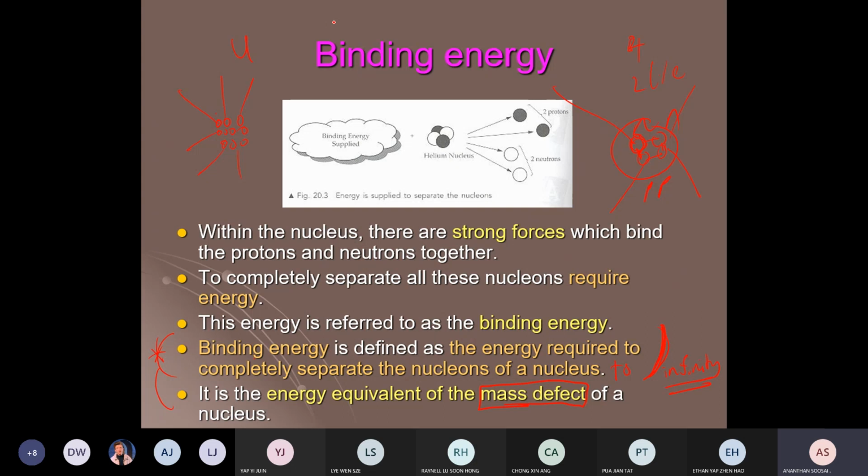You have more binding energy for uranium because of the greater number of particles. So remember the definition: the amount of energy required to completely separate all the nucleons to infinity.